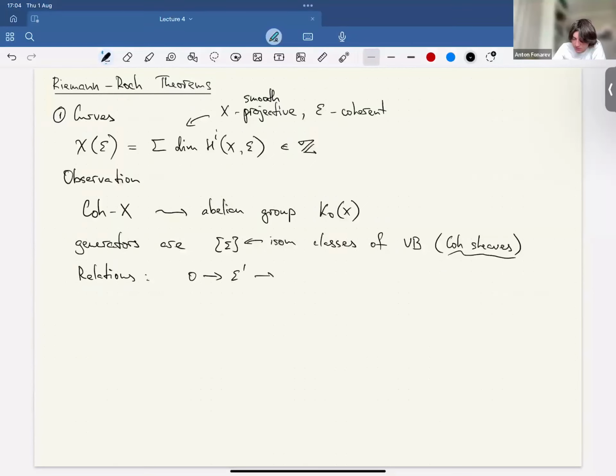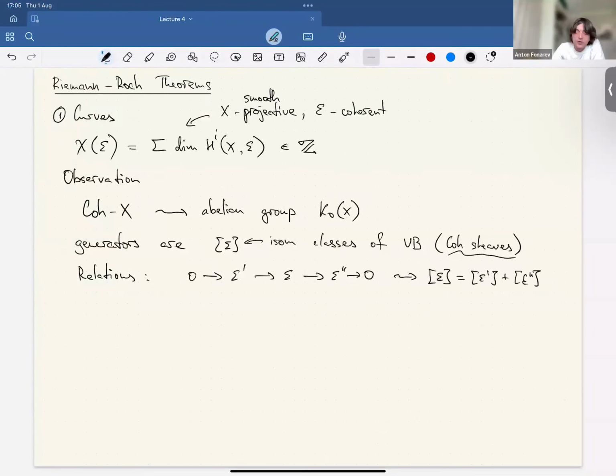If you have a short exact sequence of coherent sheaves, then to this you impose a relation that the class of the extension E equals the class of E prime plus E double prime. So what is this?